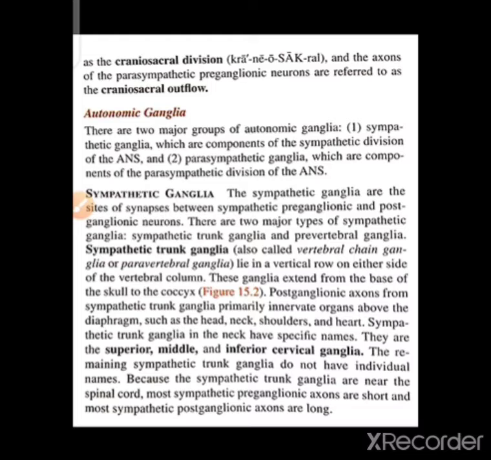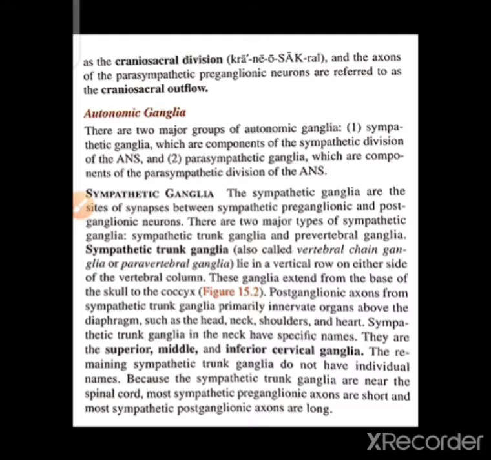Now, the sympathetic ganglia are the sites of synapses between the sympathetic preganglionic and postganglionic neurons. The ganglia are the sites where the preganglionic and the postganglionic neurons communicate with each other. They make a synapse.